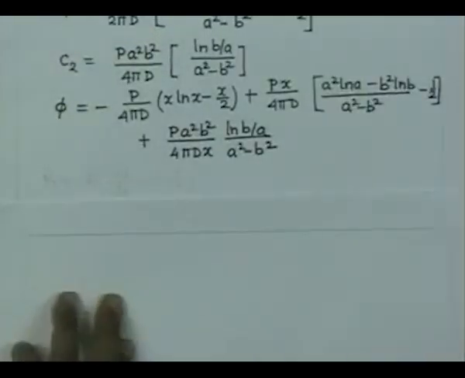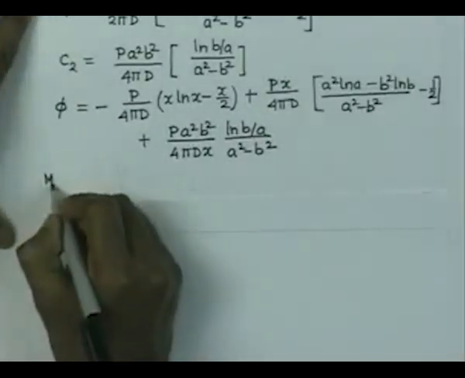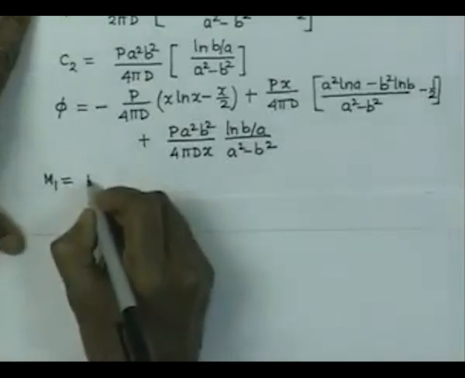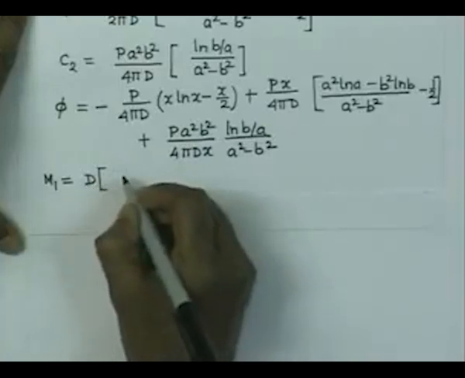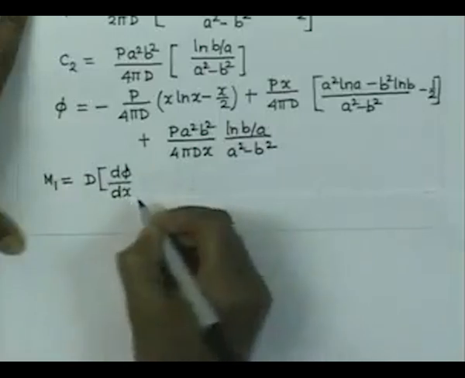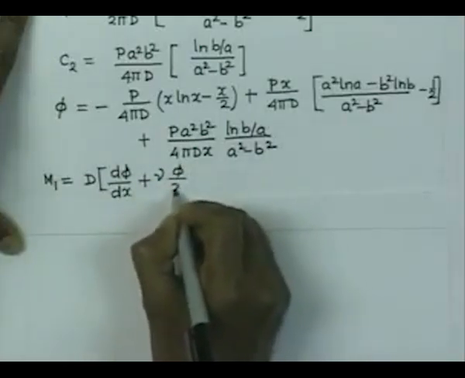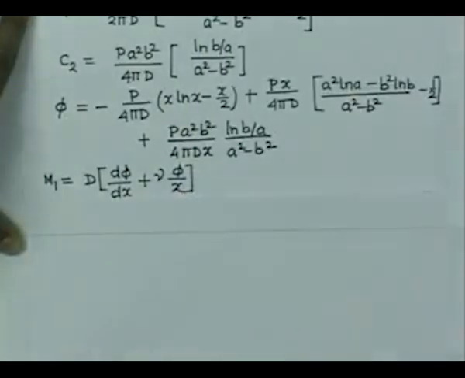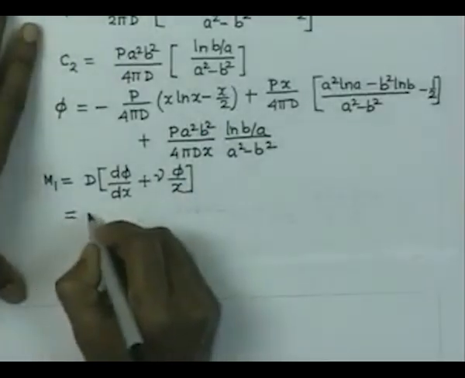So, we have got now phi, and now we can calculate the bending moment, which is necessary for calculation of stresses. So, if you calculate now bending moment, m1 is given by modulus of rigidity d into d phi dx plus nu into phi by x. So, once we do that, if we substitute the value, we get the following.